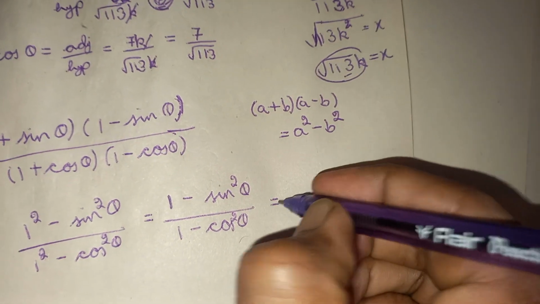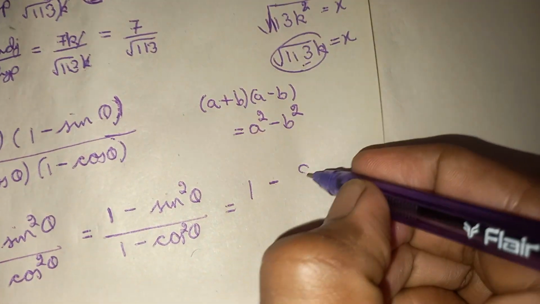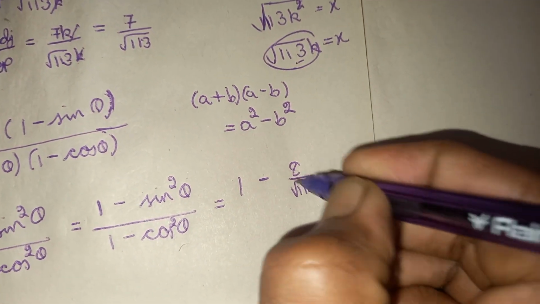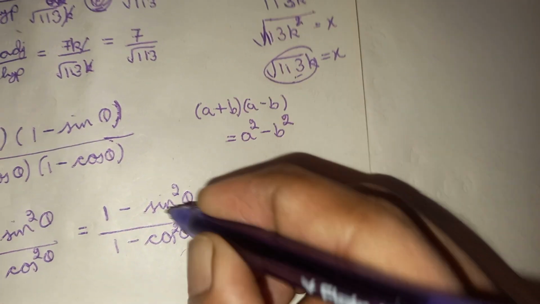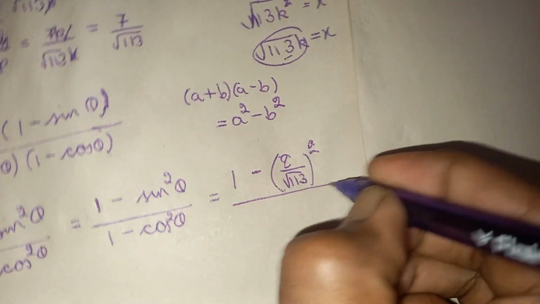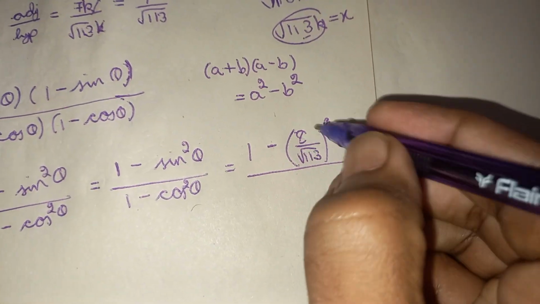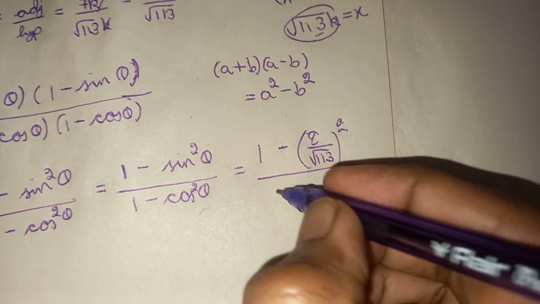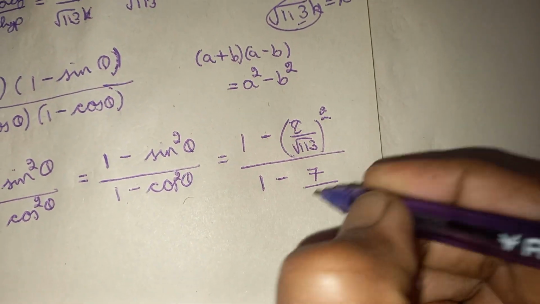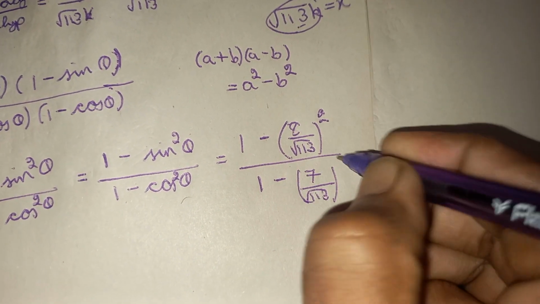Sine square theta is the square of sine theta, which is 8 by root 113, whole square. Also, cos theta is 7 by root 113, whole square.